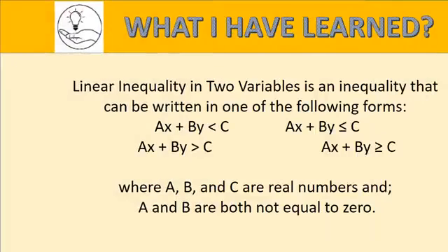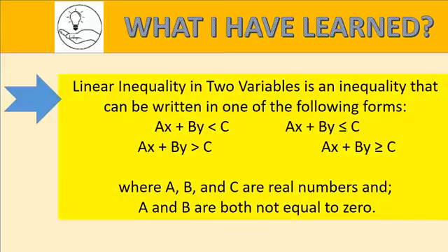What I have learned. In this session, we learned that linear inequality in two variables is an inequality that can be written in one of the following forms: ax plus by less than c, ax plus by greater than c, or ax plus by less than or equal to c, or ax plus by greater than or equal to c, where a, b, and c are real numbers and a and b are both not equal to 0.